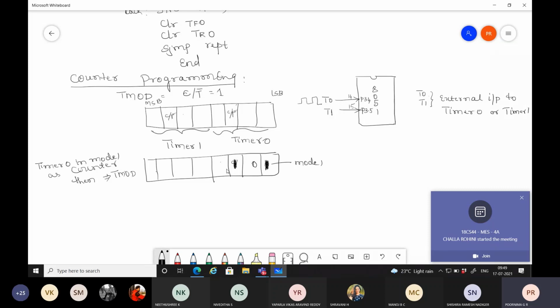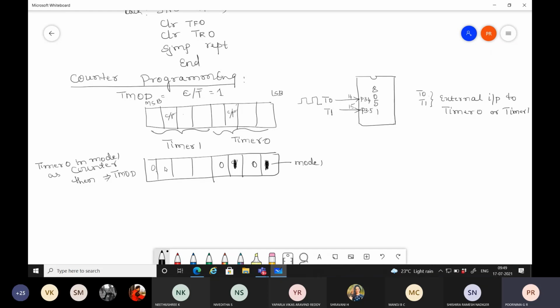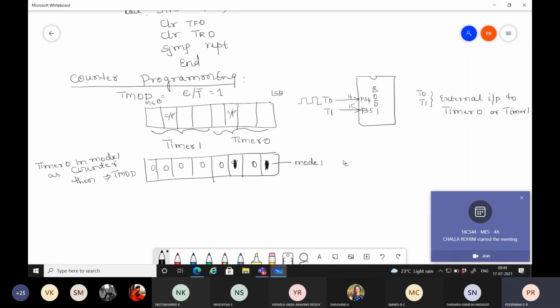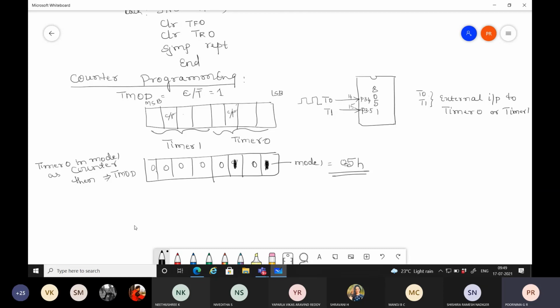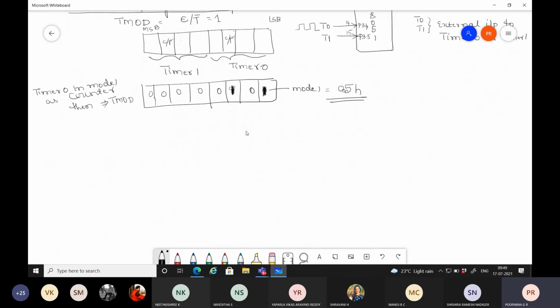Then this is 0 itself, and all other bits are 0 0 0 0. So this will give you what value? This is equal to 05H. Okay. Now we will take up a few problems, that is the only change.